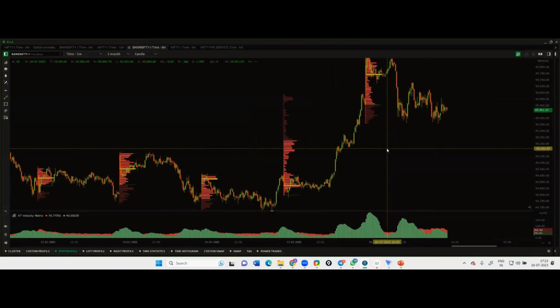So when using volume profile, when you see that the price closing is at one end and your value area is at a different end, that is, the closing of the price and the value area are not at the same location, not at one extreme. In this case, price opened at point A and then rallied all the way up, but your value area is still lower.